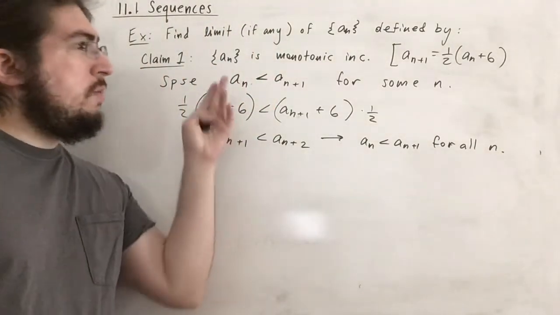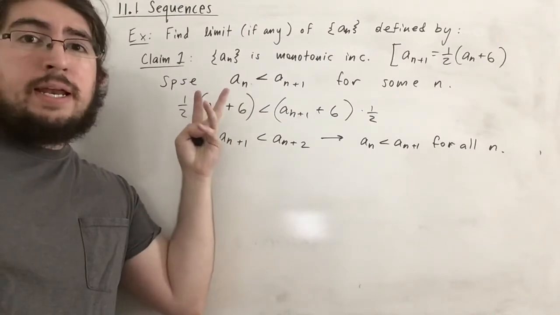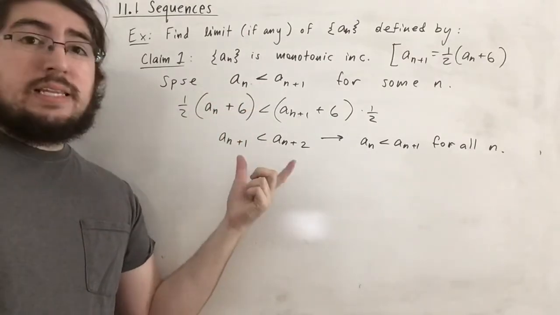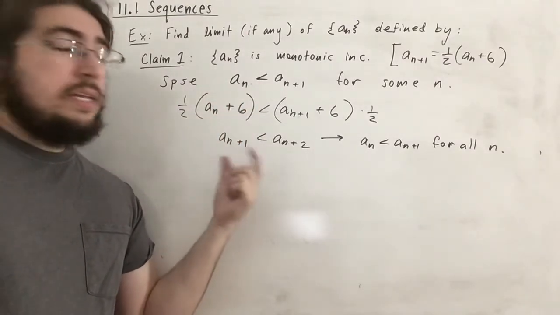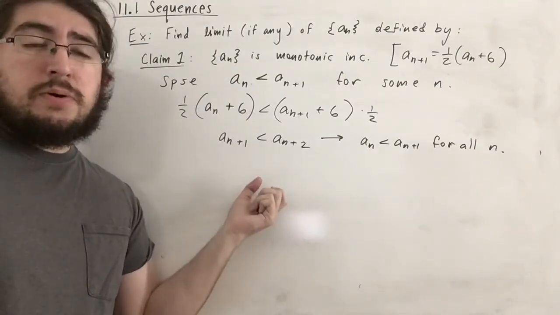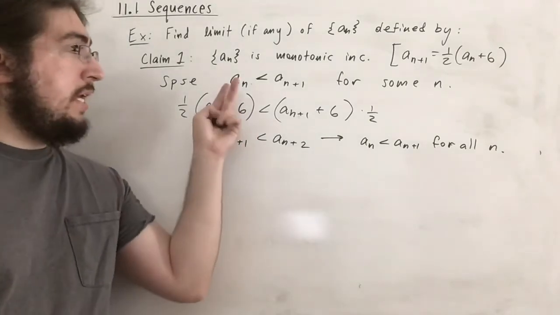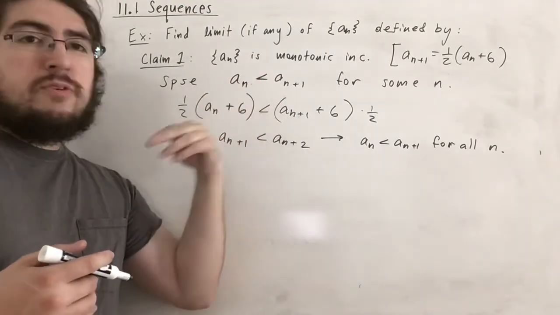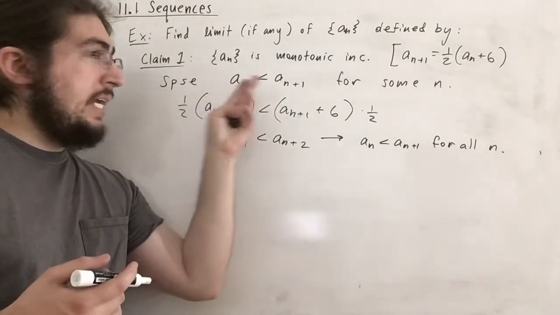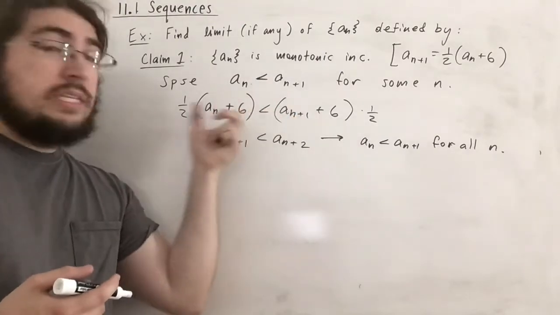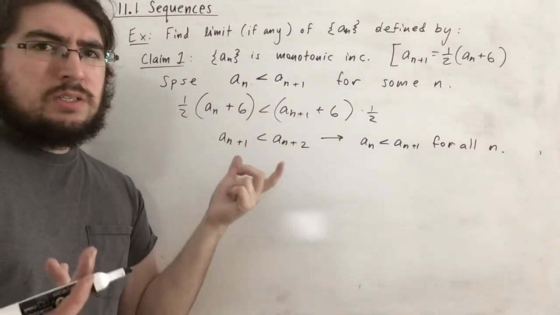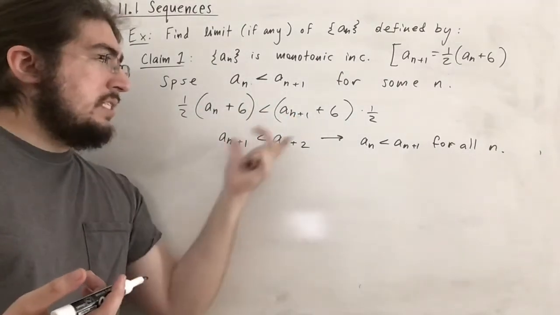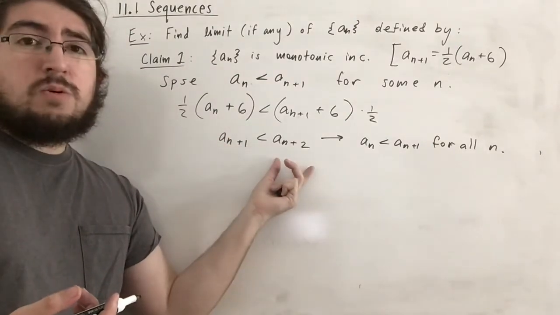So basically we assumed it was true up to some number n, and then from there we actually get this implication that it is true for the next integer in line. So namely, let's say we assume it's true for 10. So this says that a10 is less than a11. Well, then doing this to both sides of the inequality, though it seems kind of simple, this implies that a11 must be less than a12.